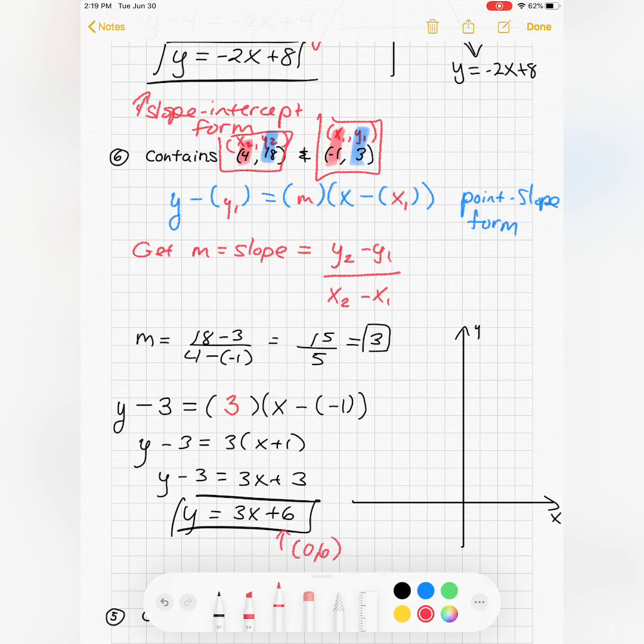The y-intercept is 0, 6. The slope is 3 over 1. So up 3, right 1, down 3, left 1, etc.